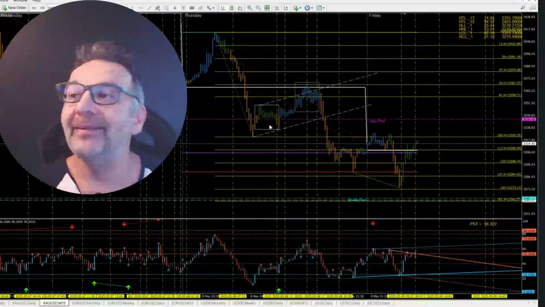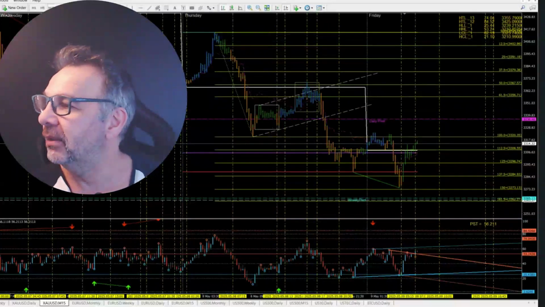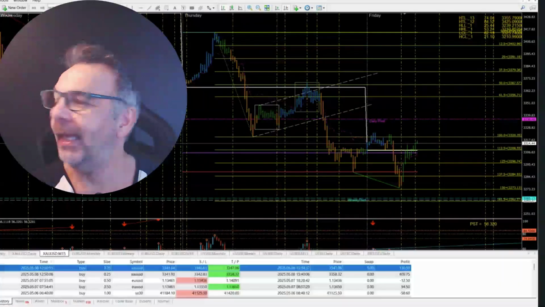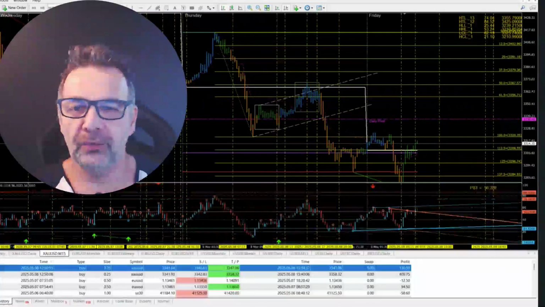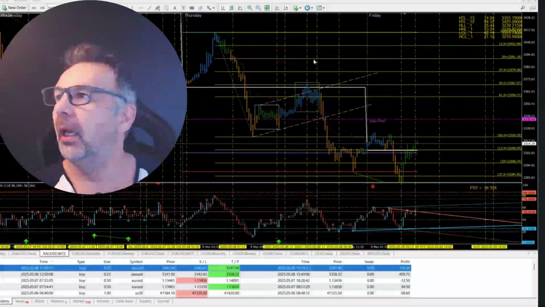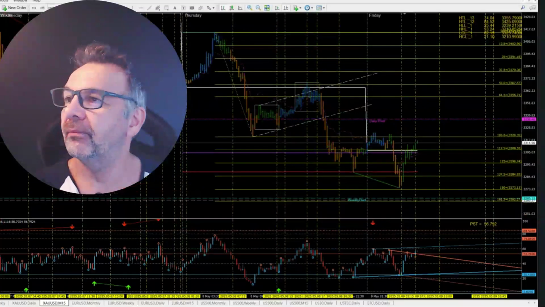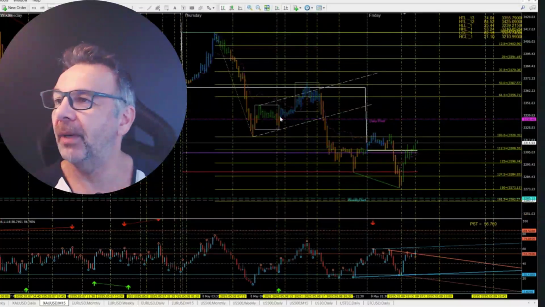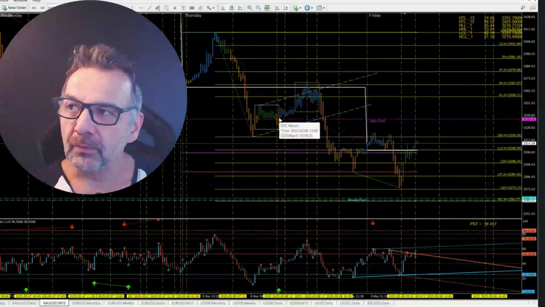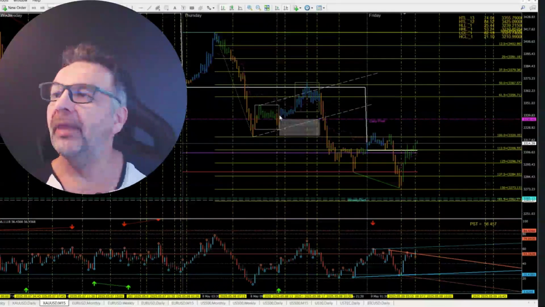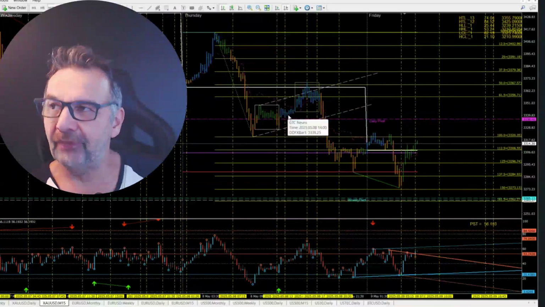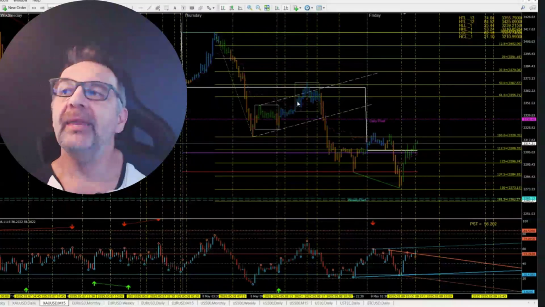So I did wait, and those are the two trades there. Then on that 12:45 bar, I did enter a trade, and then the market started turning around after 1:45, and then it went up.